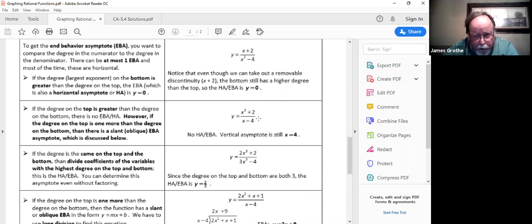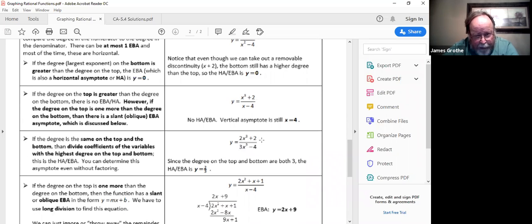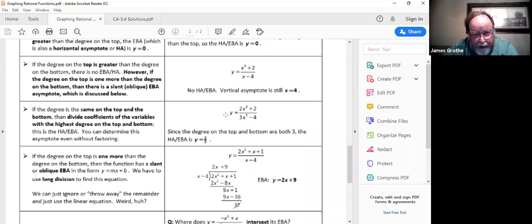If the two have the same degree, as is the case here, we've got 2x cubed plus 2 and 3x cubed minus 4. In a case like that, basically as x goes to infinity, the 2 and the 4 become insignificant.